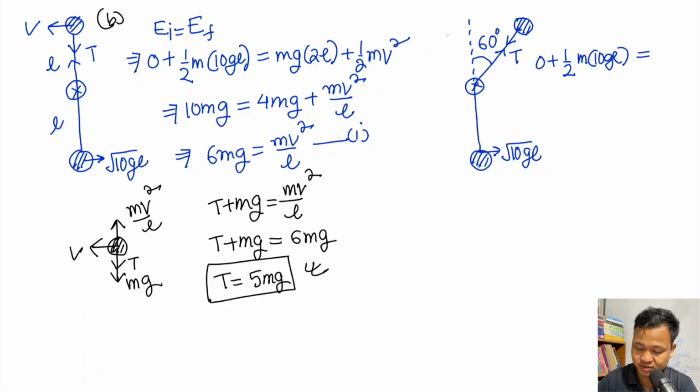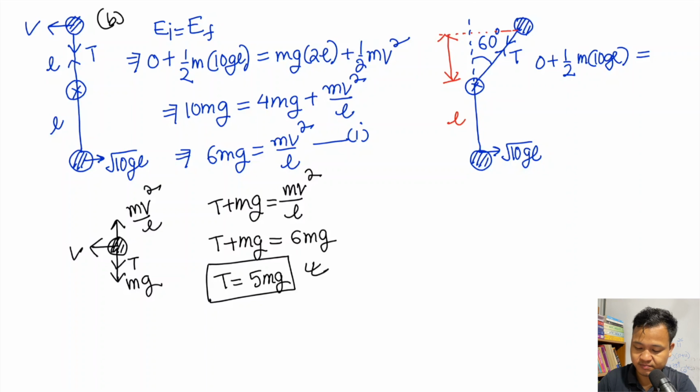Now this is important. From the lowest point to the center it is L. From the center, the bob is at 60 degrees.